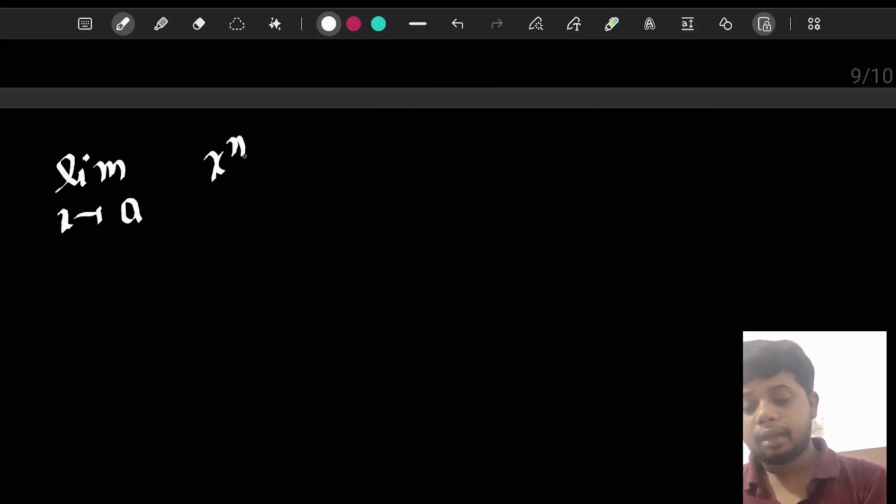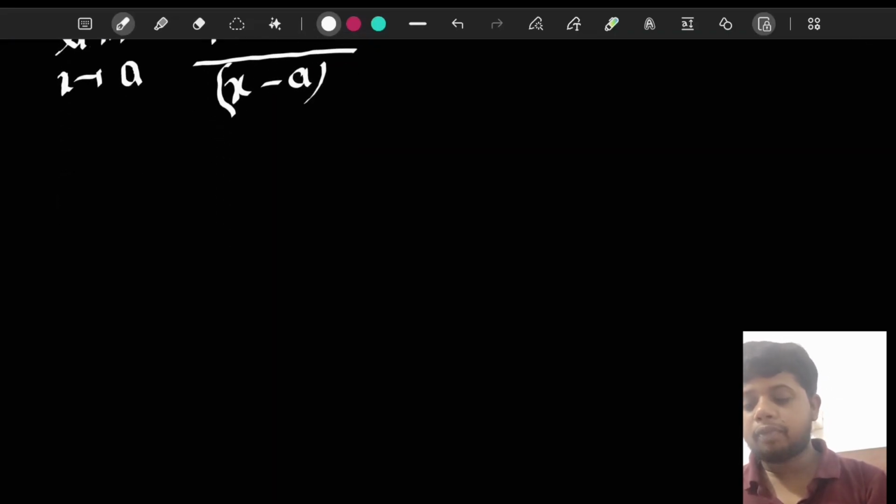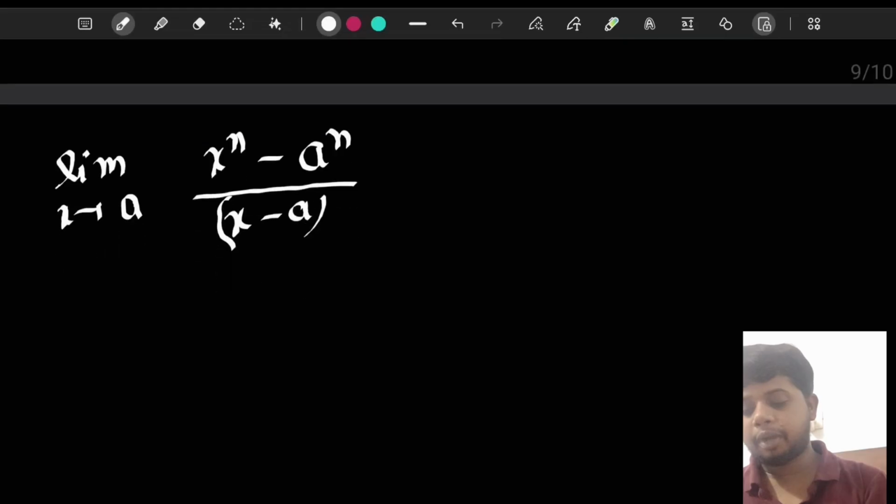Now see, I want to evaluate one limit, that is limit x tending to a, x power n minus a power n by x minus a. So let's write the formula of x power n minus a power n first.